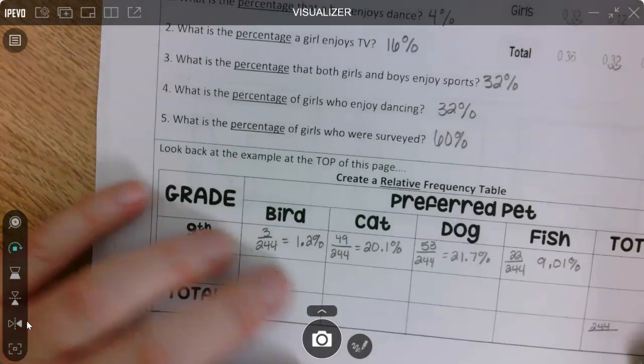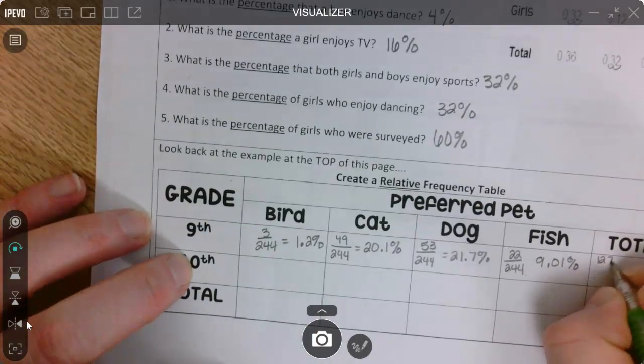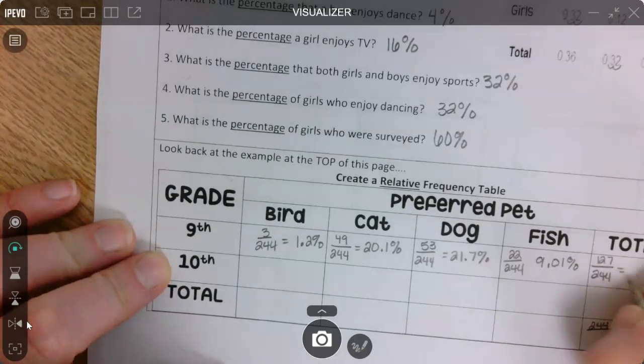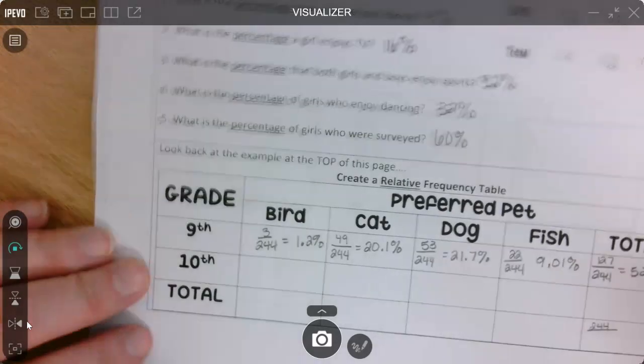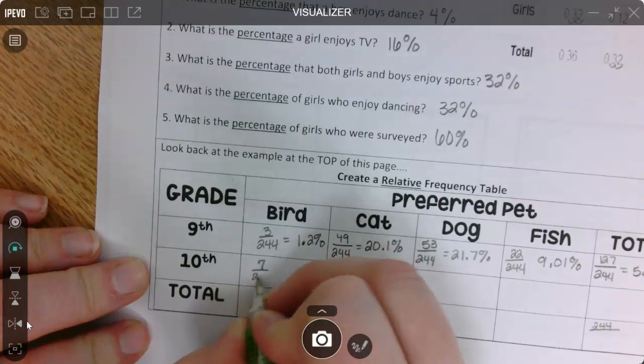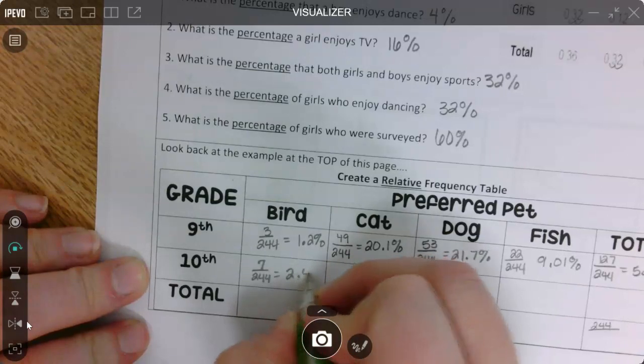Sorry, the key I had was wrong. And then 127 was our total for 9th graders out of 244. That's 52%. Total 10th graders that liked birds was 7 out of 244. That gives me 2.4%.